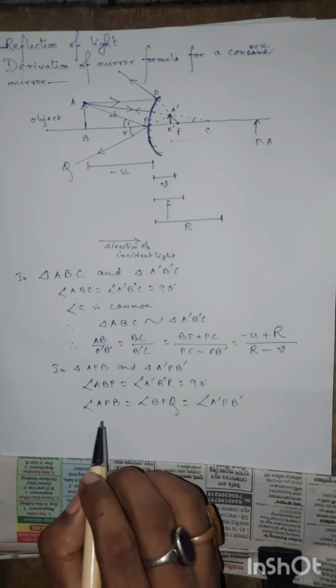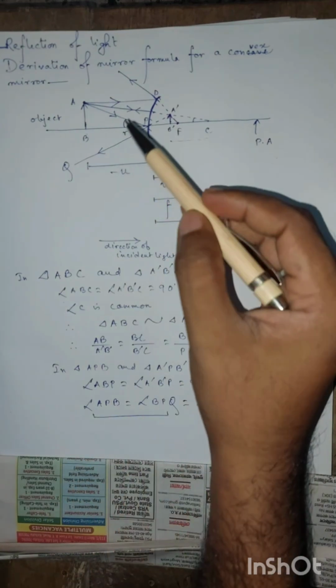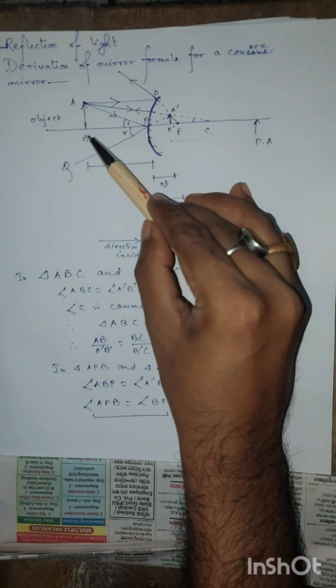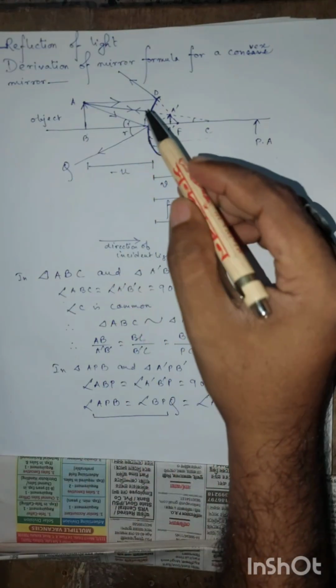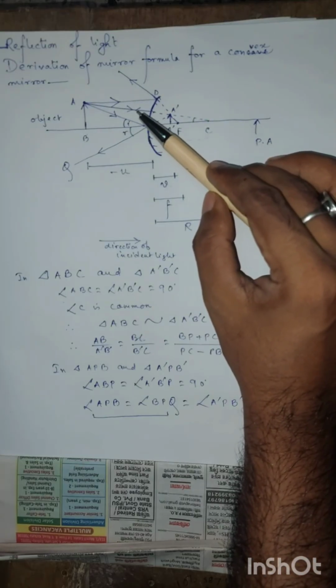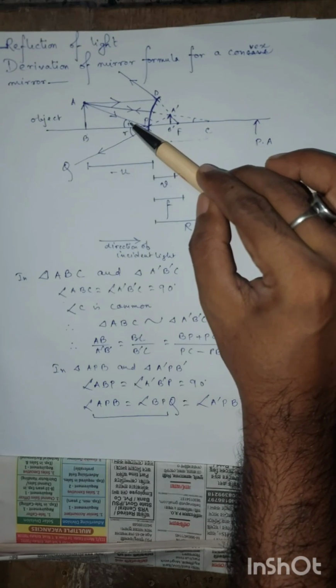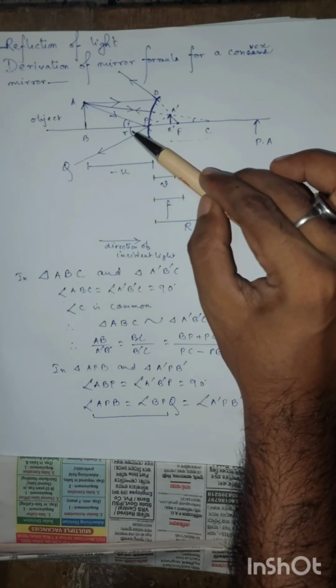Let us look at these two angles, APB and BPQ. From the laws of reflection, we know the angle of incidence should be equal to the angle of reflection. That is why these two angles are equal.